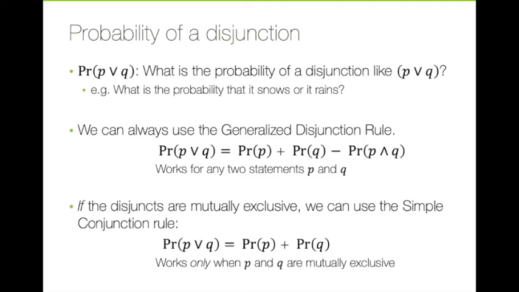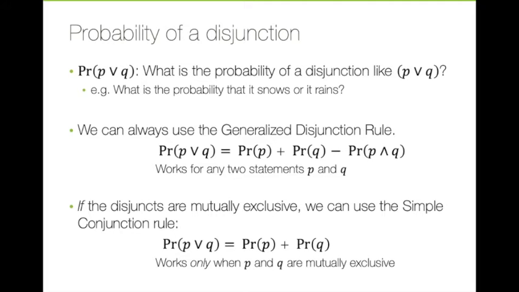In this case, you have to be given the probability of the complex sentence P and Q. But we'll also look at a rule that allows us to calculate the probability of P and Q. And sometimes what rule you're able to use depends on what values you're given. But what rule you have to use will always be one appropriate to the sentence type, like disjunction or conditional probability.